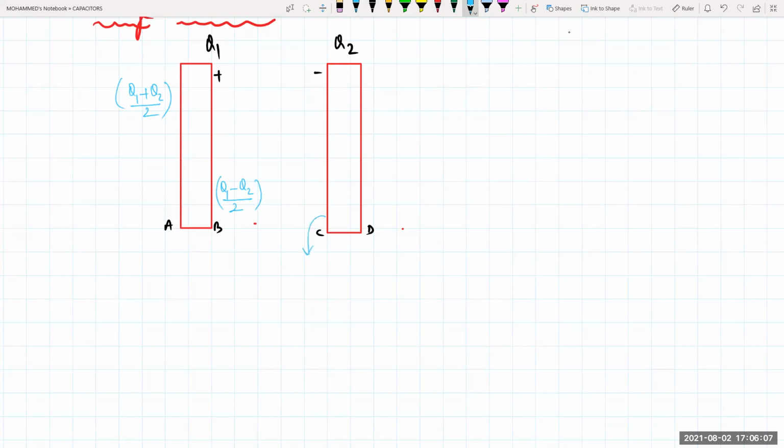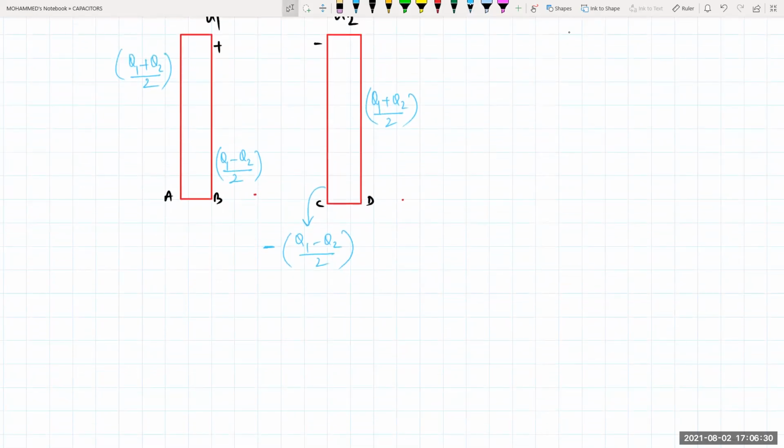On this side, the opposite, that is Q1 minus Q2 divided by 2, but you write it with a minus sign. And this side again Q1 plus Q2 divided by 2. The faces, the surfaces, will have equal and opposite charge.